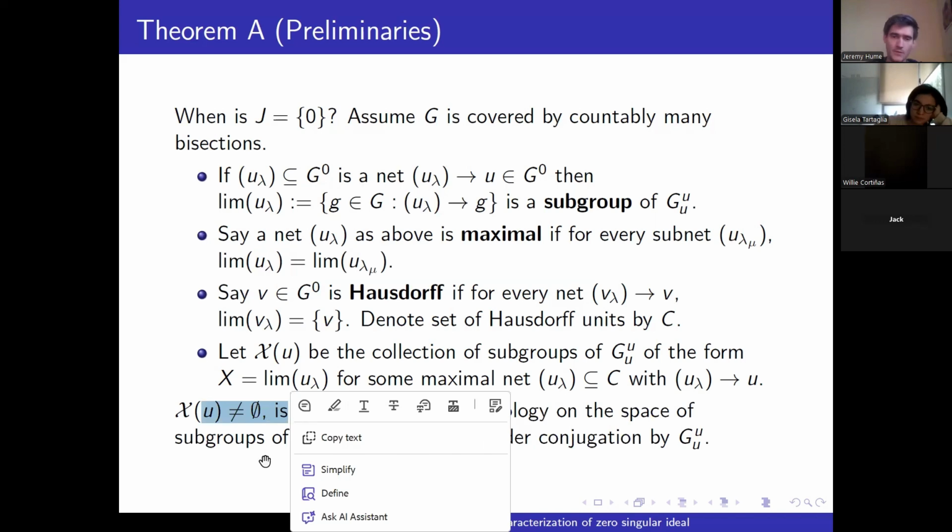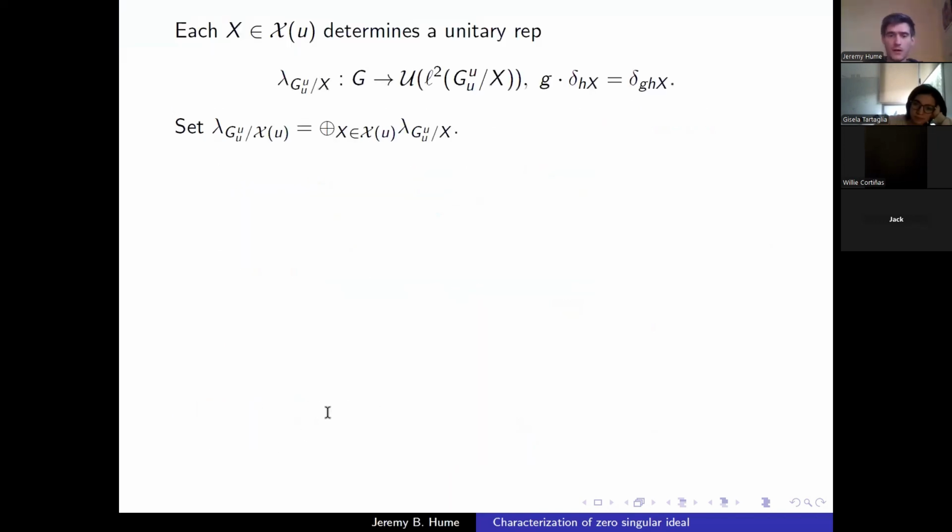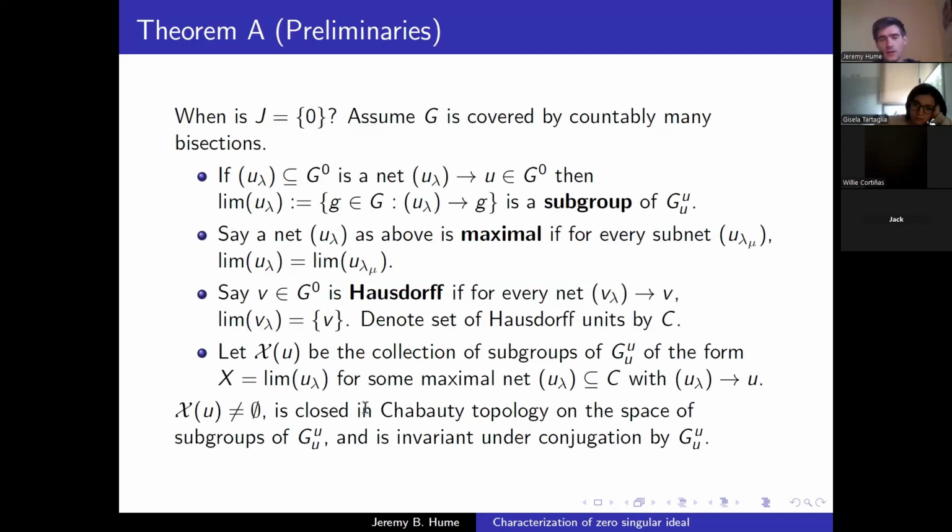And you can see that it's actually a closed set in the Chabauty topology on the space of subgroups. This is also invariant under conjugation by isotropy elements. So this is actually something that's studied in group theory.